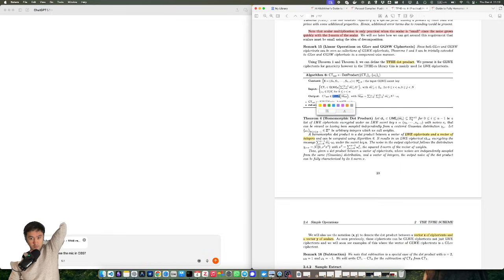Isn't that weird? I'm not sure. Why would out be in LWE if we are in GLWE to start with? You think CT is in GLWE and CTI is in LWE or something like that? Or RLWE? Yeah, that doesn't make sense to me.